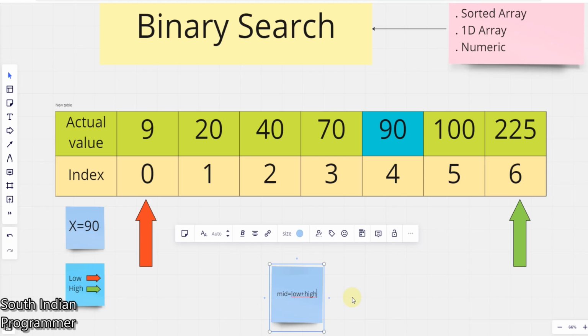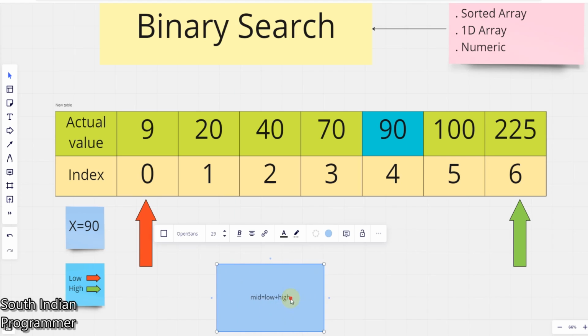The formula for the median: we have to find the middle number of the range from 0 to 6. That's what we have to find. So I take low plus high and then divide by 2. This is the median.